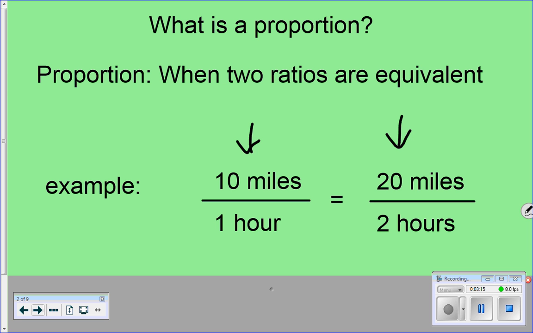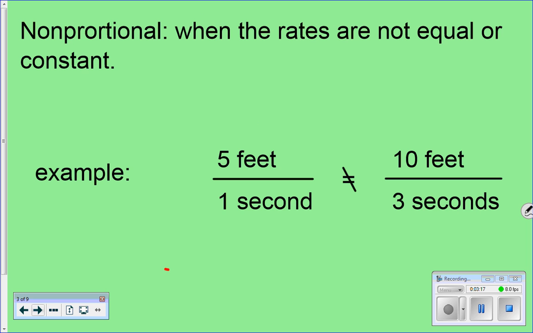Okay, the next vocabulary word I have for you is non-proportional. After we talk about stuff that's not in proportion, you're going to start to see, oh, I'm starting to get it now. And then I'm going to tell you 3 ways you can tell if something is in proportion or not. So non-proportional is when the ratios are not equal or consistent.